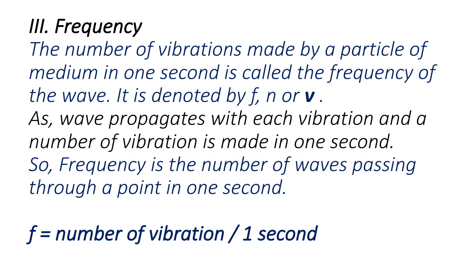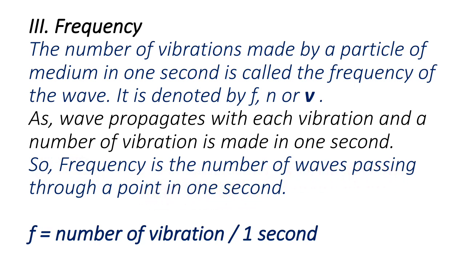Simply, if we consider a time of 1 second, then in this 1 second a number of vibrations is produced, and this number of vibrations causes the waves to propagate. Here we can add one more sentence: frequency is the number of waves passing through a point in 1 second.